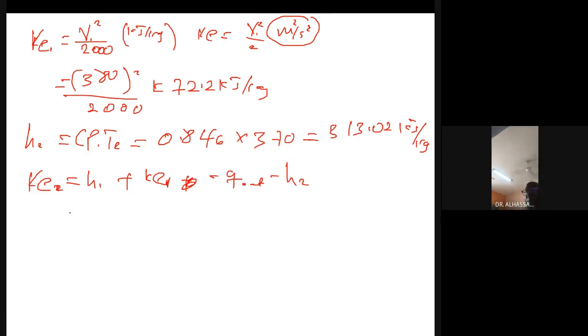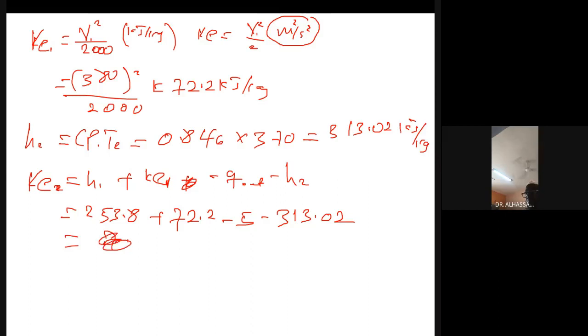So we have 253.8 plus 72.2 minus 5 minus 313.02. So the kinetic energy at the exit is 7.98 kilojoules per kilogram.